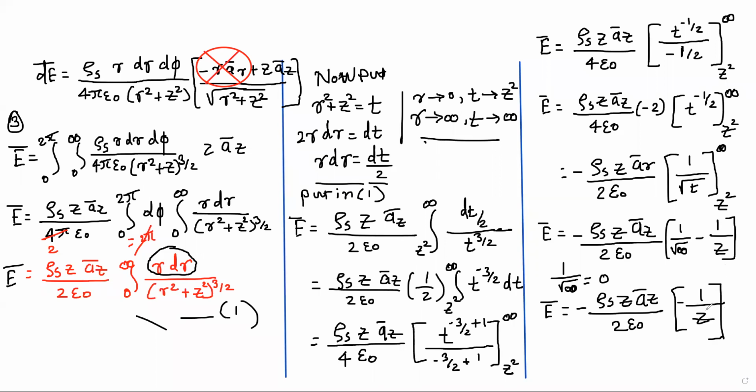So we know that this z gets cancelled. Z gets cancelled means what? Here it will get cancelled, and this minus becomes plus.